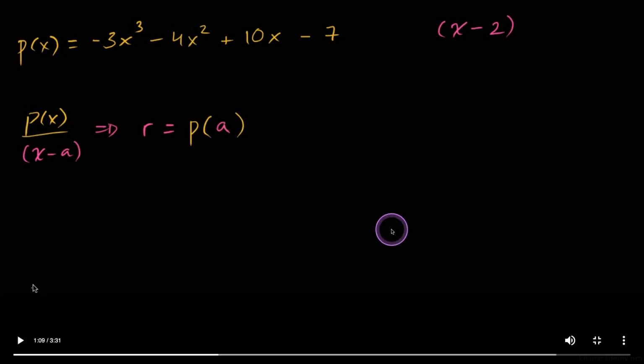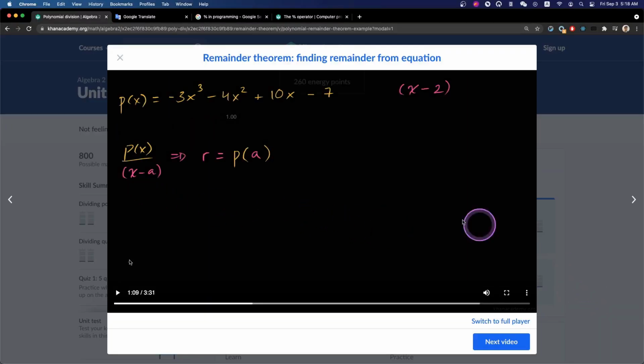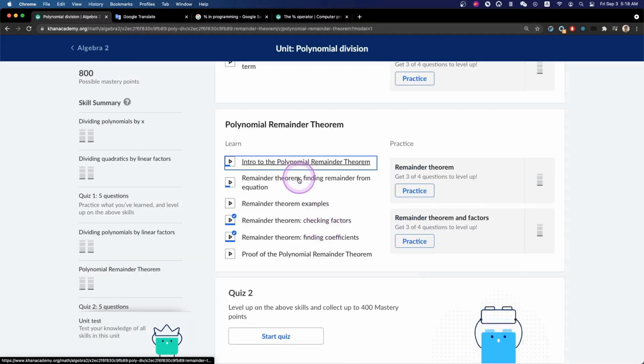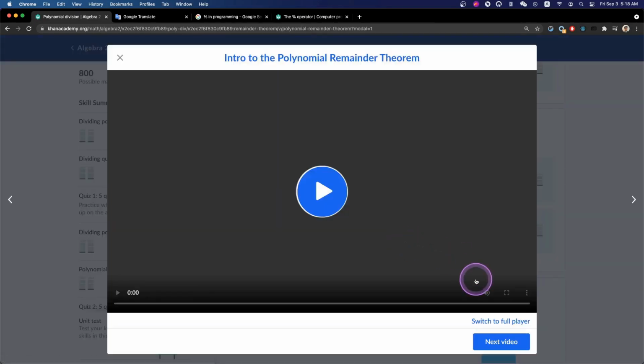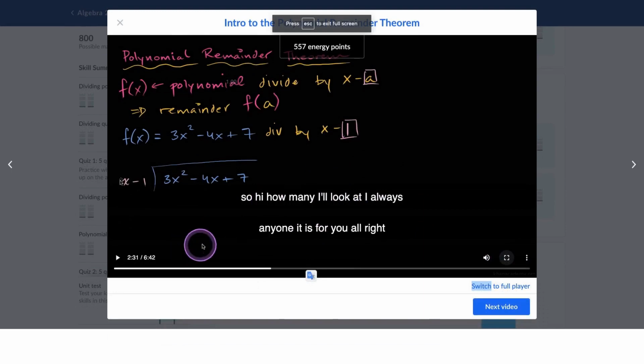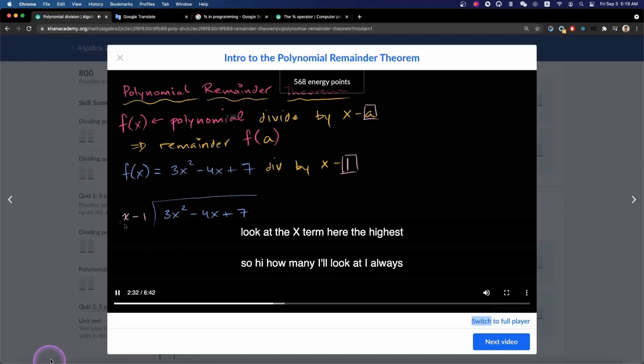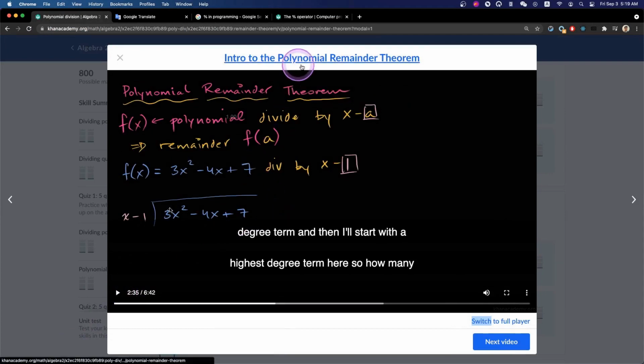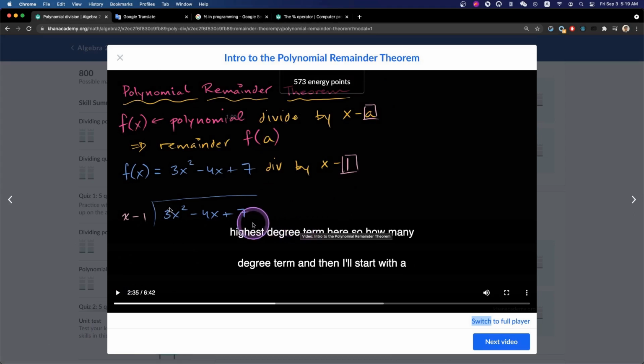The question is why it is a, or how the remainder theorem was proved. We don't know that, so we are going to go to the first video. Basically, from this video, we have one thing, which is the polynomial remainder theorem.